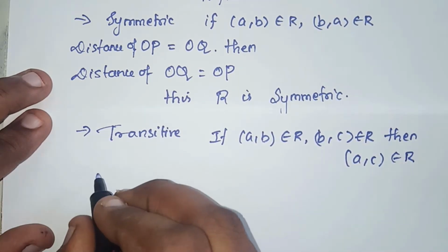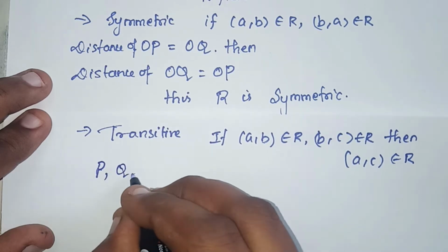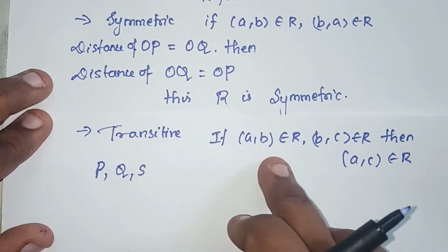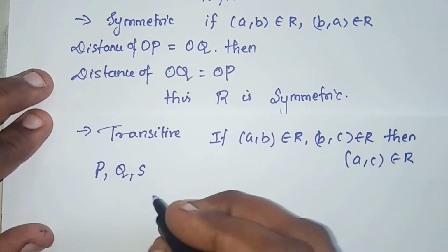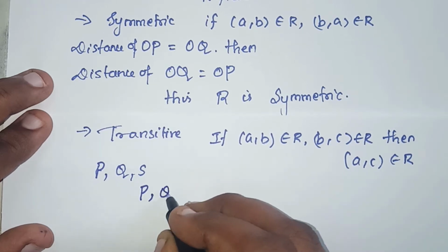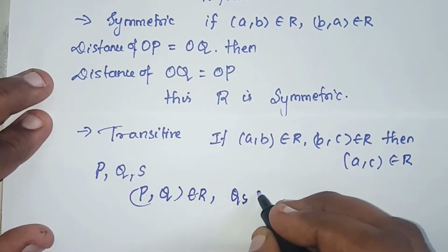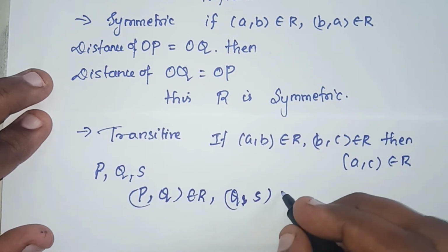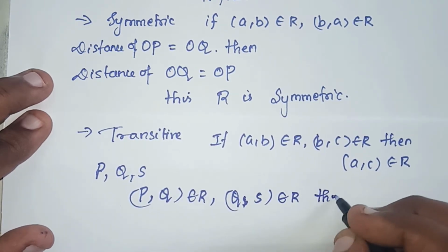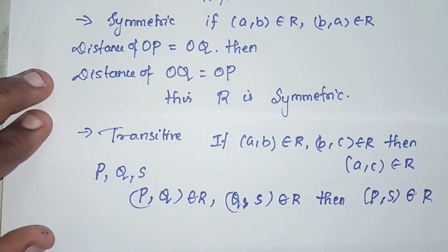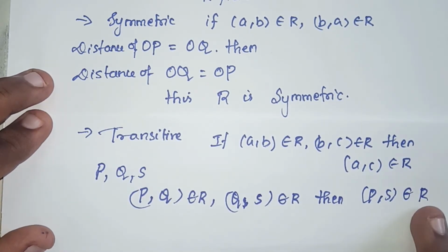So we are taking 3 points, P, Q and S, in the plane. In transitive, we need to prove that if (P, Q) belongs to R and (Q, S) belongs to R, then (P, S) also belongs to R.